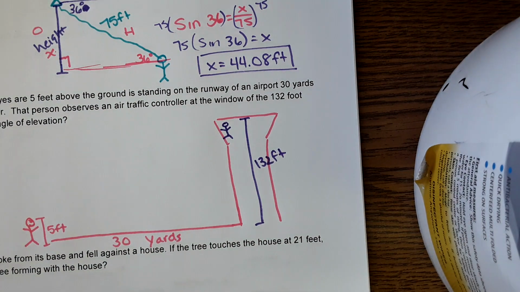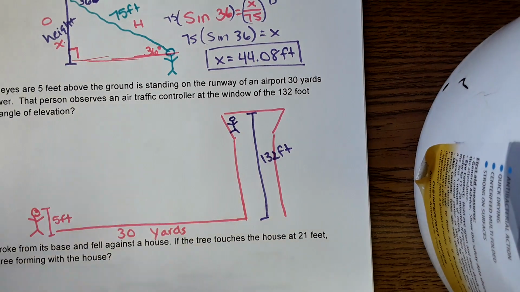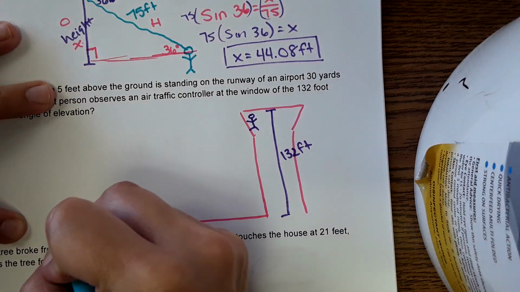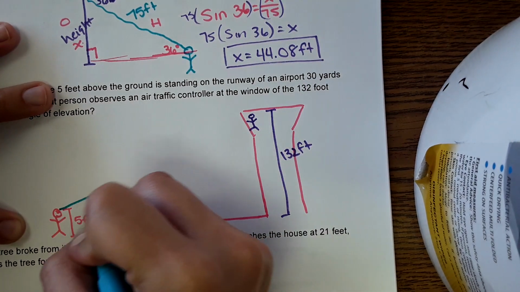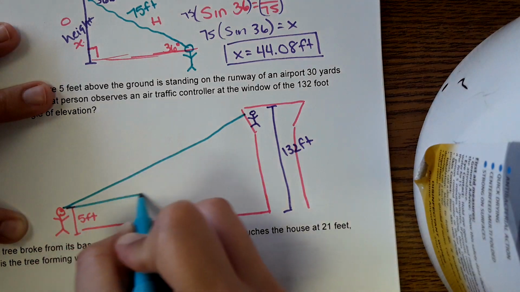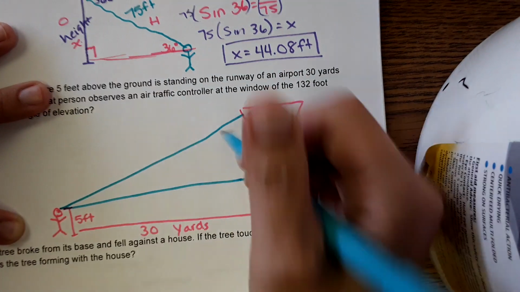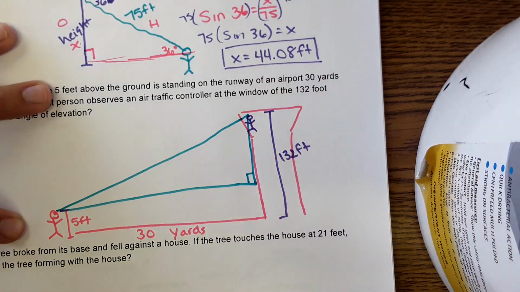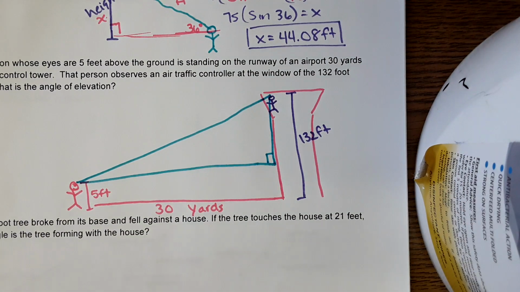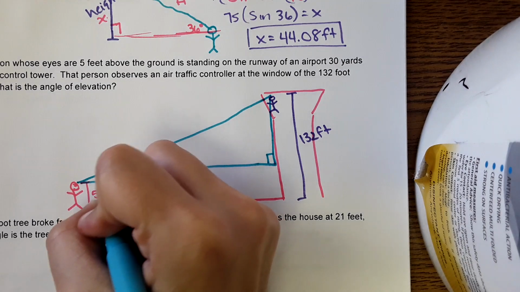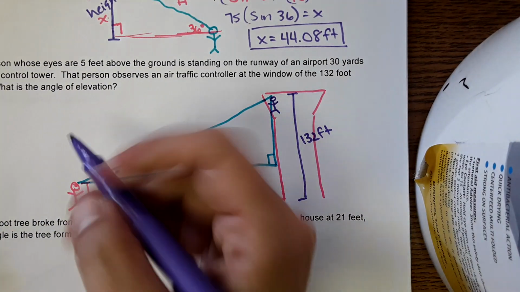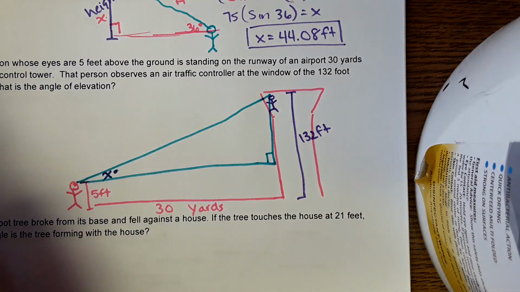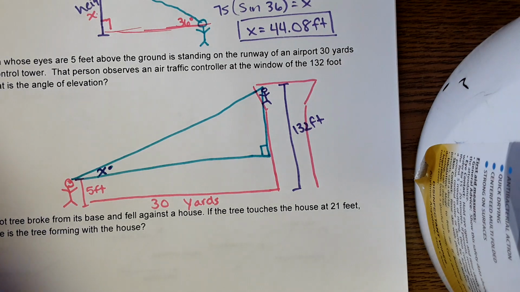What is the angle of elevation? Okay, so I'm going to draw the triangle here. The angle of elevation from this person to this person. Draw in the right triangle. Okay, the angle of elevation would be this x degrees right here. Now I need to find the dimensions here.